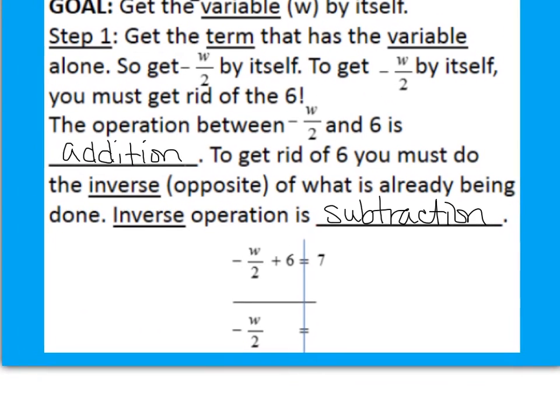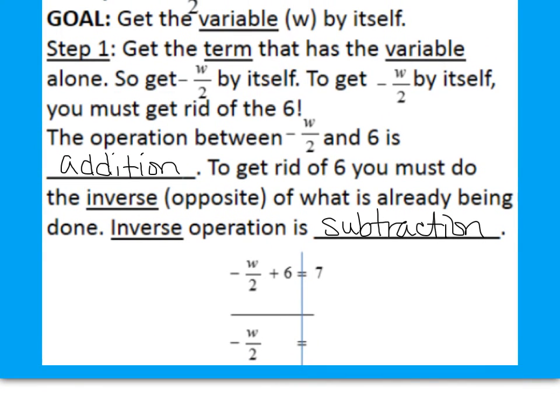So we're going to say minus 6 minus 6. When we do that, we end up with a negative w over 2 equals 7 plus negative 6 gives us 1. So we have a negative w divided by 2 equals 1.